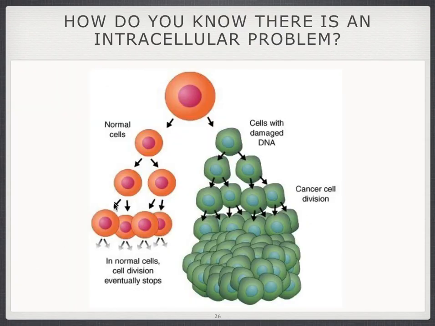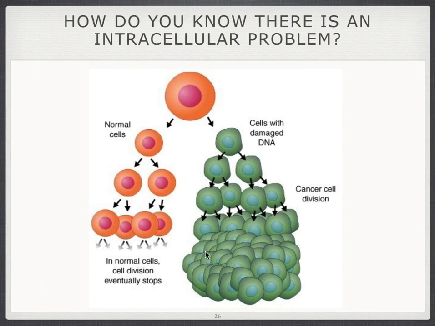So that is for extracellular stuff that is being eaten, but how do you know that there is an intracellular problem? Here we have normal cells, nothing wrong with them, but if the DNA is damaged and you get an aberrant cell that grows a tumor, how do you know that this is a problem? That's when you need CD8 positive T cells, because these tumor cells usually grow very fast, and the proteins that they make are slightly changed.